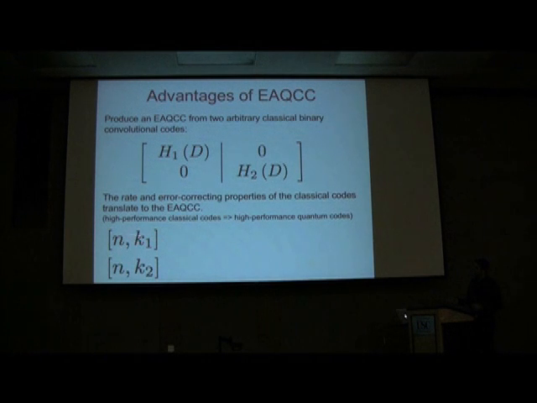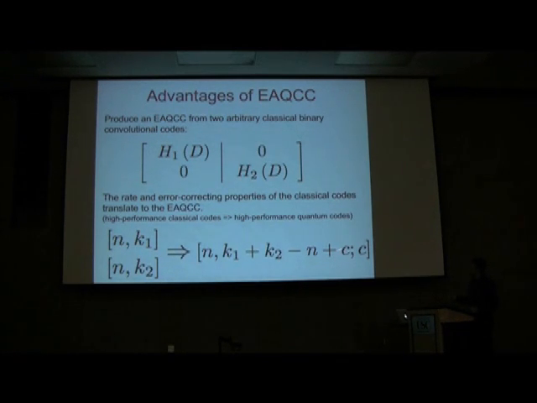And in general, if your classical code H1 encodes K1 information bits into N physical bits, and the second code encodes K2 information bits into N physical bits per frame, then this will yield an entanglement-assisted quantum convolutional code with these parameters.